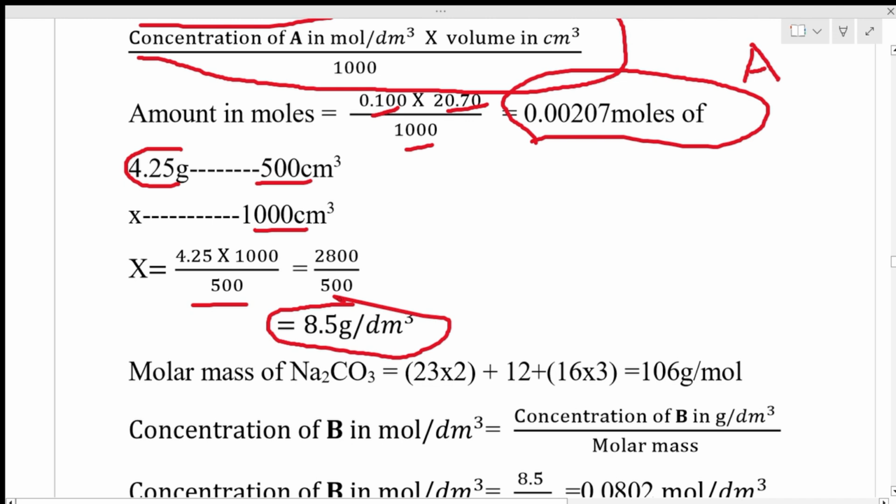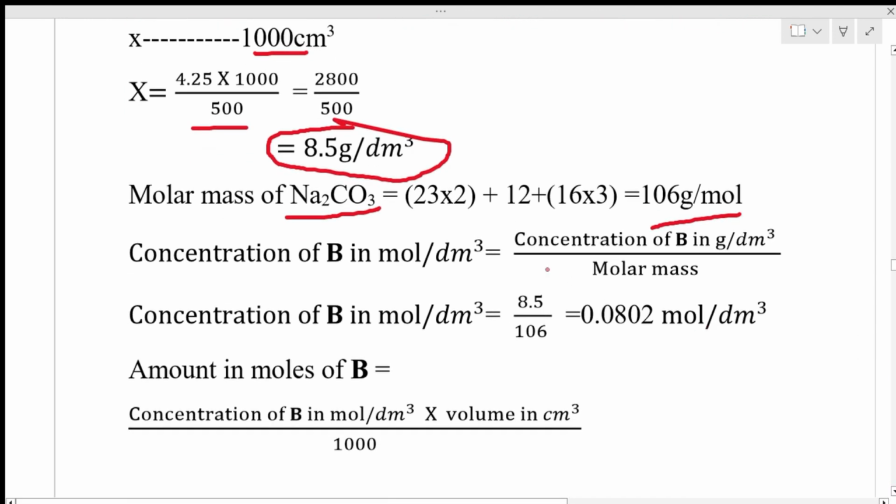But this is not what we are going to use because the formula needs mole per dm³. So I'm going to calculate my molar mass again. Na2CO3 gives me 106 gram per mole. Then I'm bringing it down to this formula, conc in gram per dm³ over molar mass. When I do that, I have 0.0802 mole per dm³.